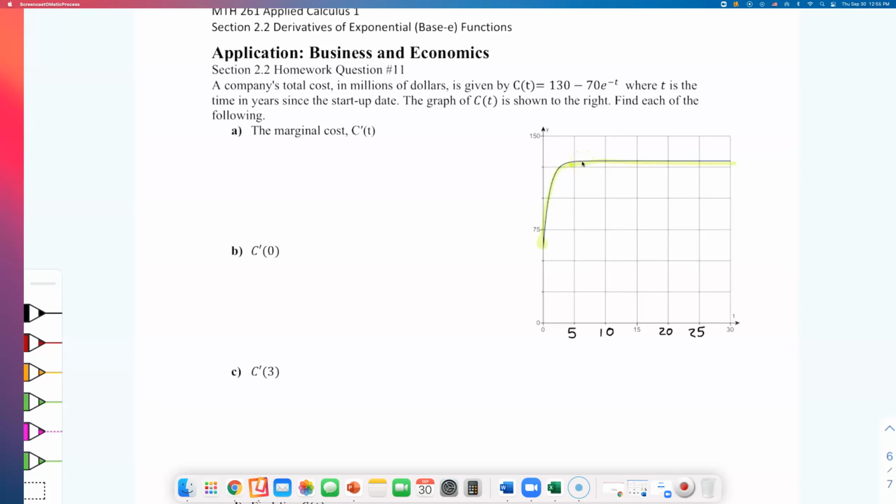All right, so what do they want? Find the marginal cost C prime of t. What does that mean? Well, I should write this down. This is important stuff. This is change in cost.